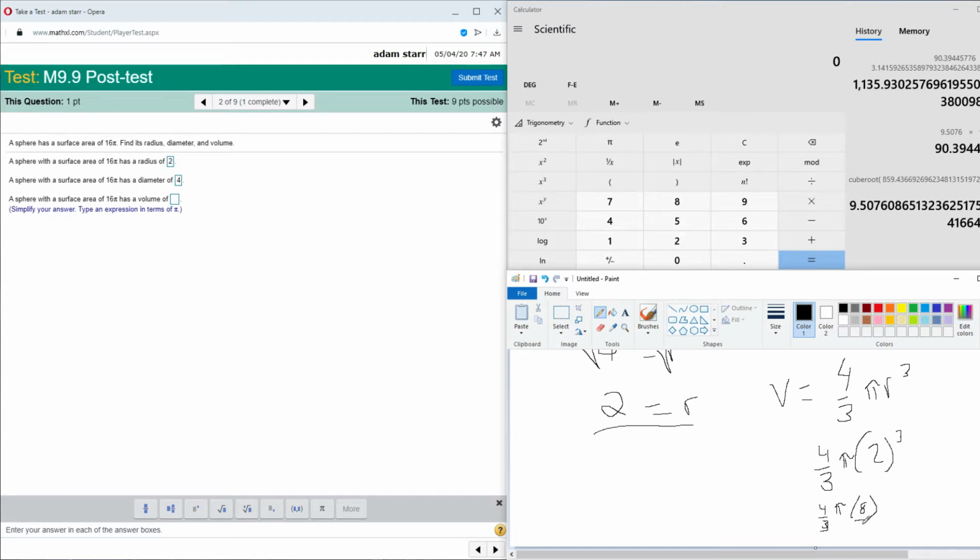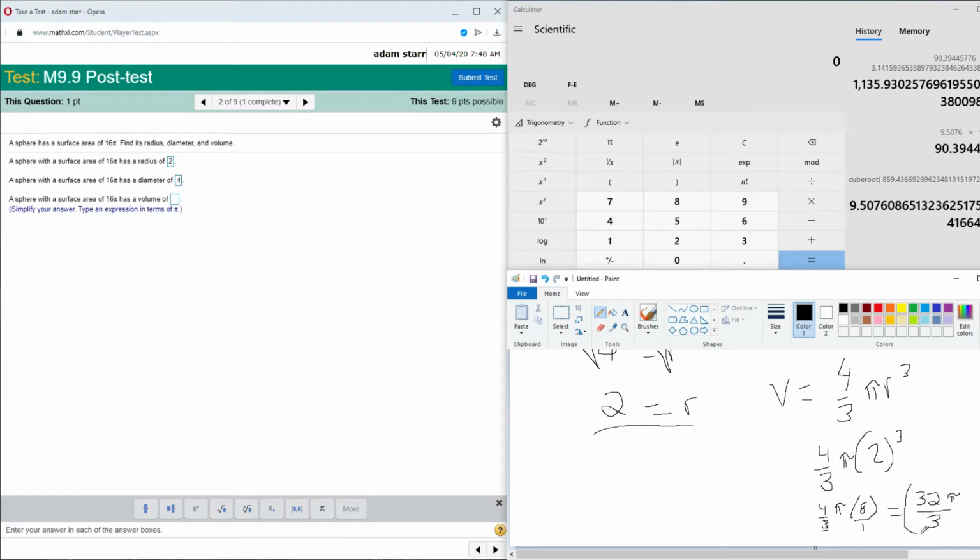This 8 is like 8/1. So I multiply numerator with numerator, 4 times 8, which is 32. The pi is in the numerator, and my denominator is 3 times 1, which is 3. So I get 32 pi over 3.